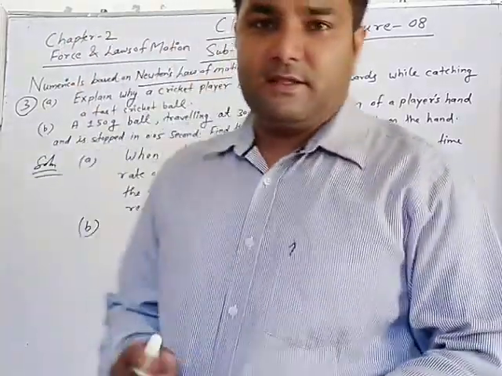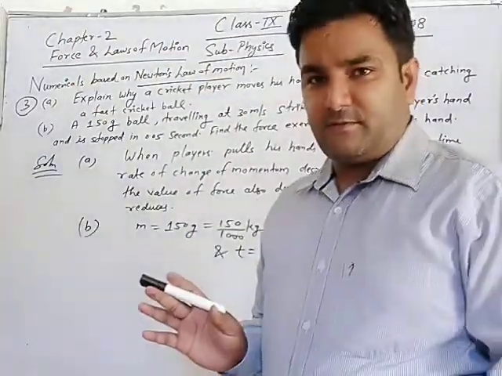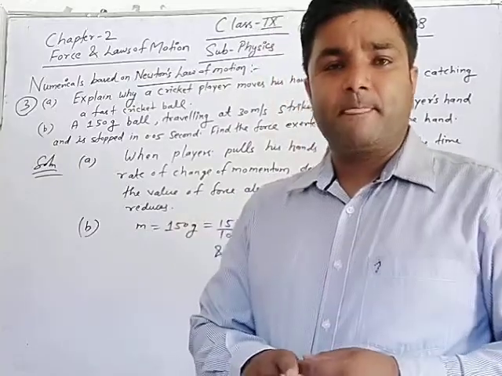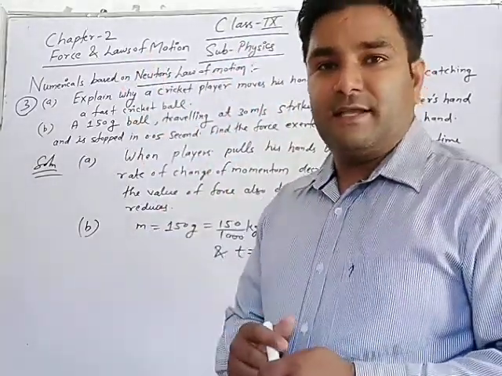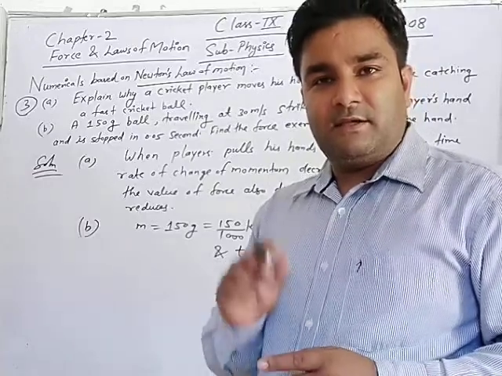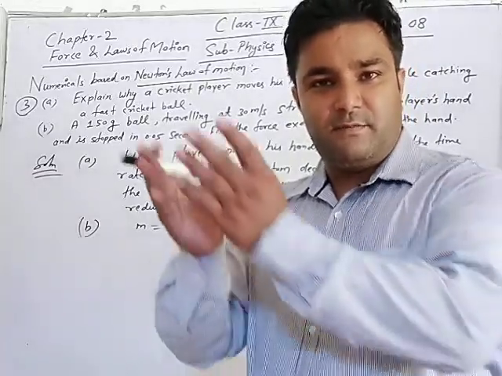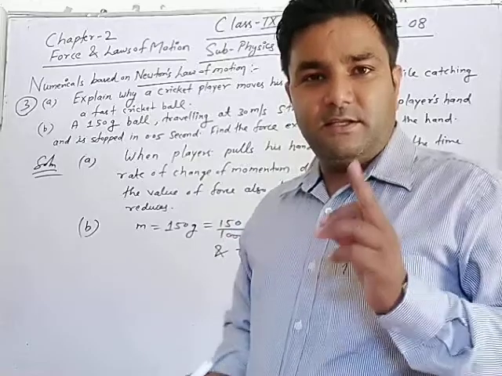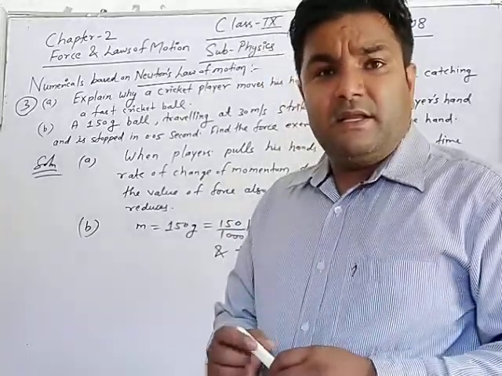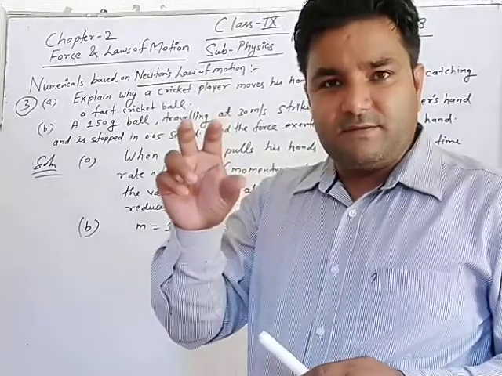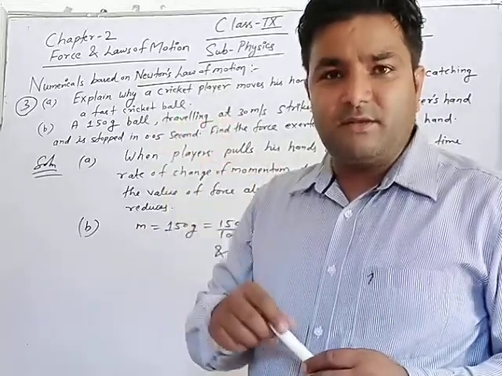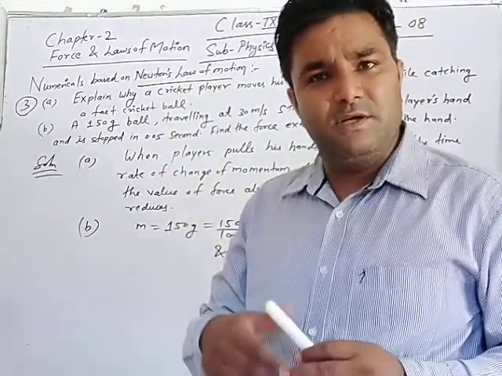Listen again. In this question, first of all, a conceptual term is asked: why the player always moves his hand backward, and the concept is there. When the player moves the hand backwards, there is one and only one concept, the time value increases. Whenever time value increases, then the time rate of change of momentum decreases.